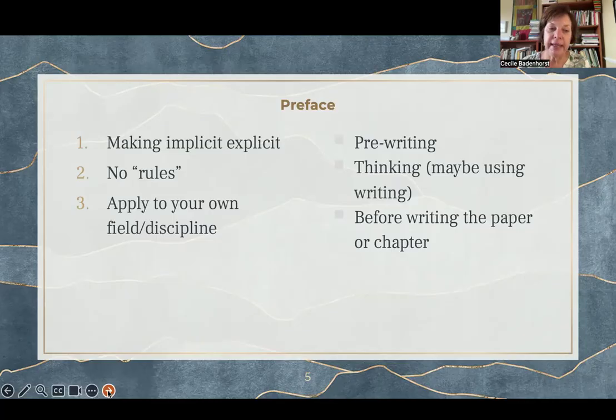So instead, break it up into thinking and pre-writing activities. And this workshop is all around the thinking. And maybe you will think through writing. I'll encourage you to think through writing. But this is not about writing the literature review. It's about the thinking that goes into it before you write that section.